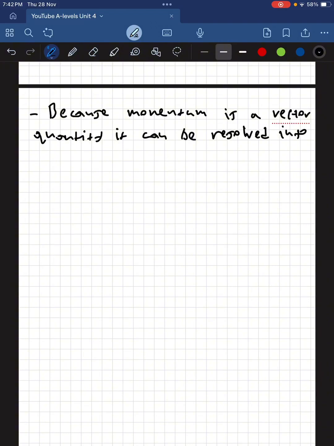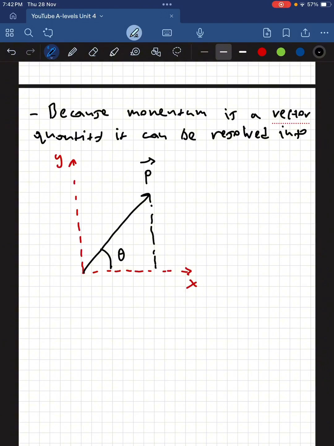Let's see this example. If we have our y-axis and our x-axis, and this is our momentum vector p. In this example, let's say that we know the angle theta between the vector and the horizontal. Then we can resolve this into an x component. So this is the x component.